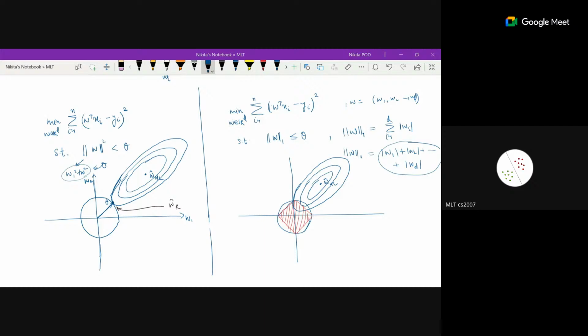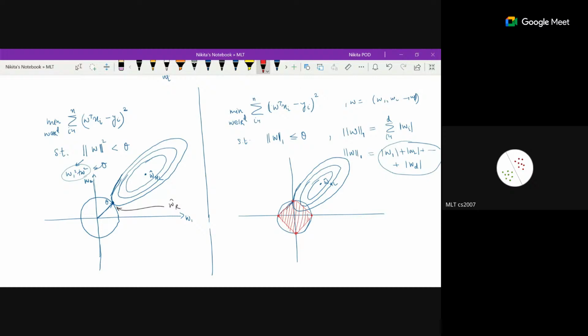Because you have these edges at the axes, these four points, the contour will intersect the axis first in place of the curve. This is what happens usually.